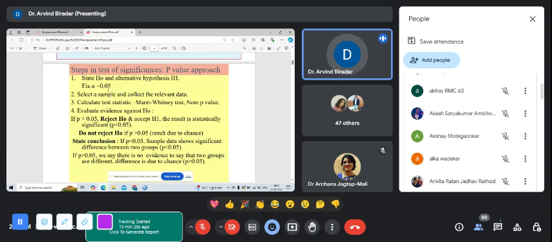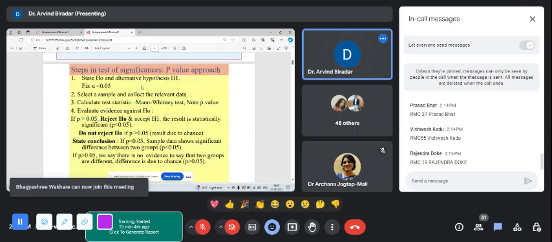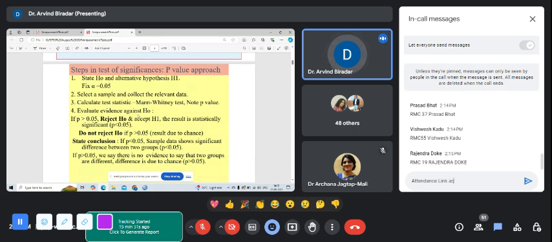On the basis of that, we can decide which test statistic is suitable for our problem. Then apply, calculate, and so on. Evaluate the evidence against H naught. The condition comes here.